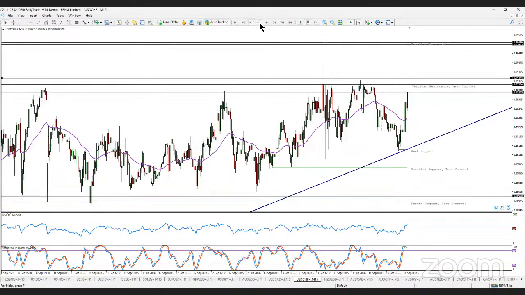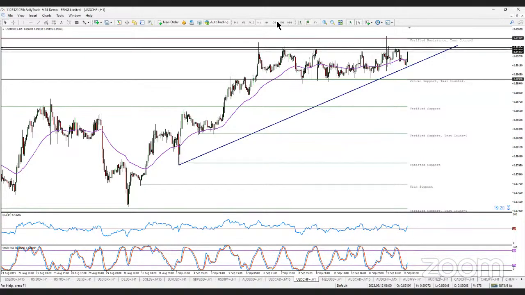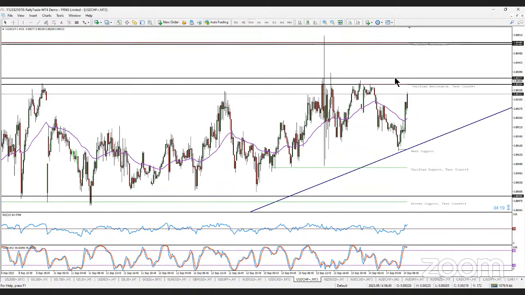So for USD CHF, you're looking at entering a buy if price can get to 0.89374, TP at 0.89489.